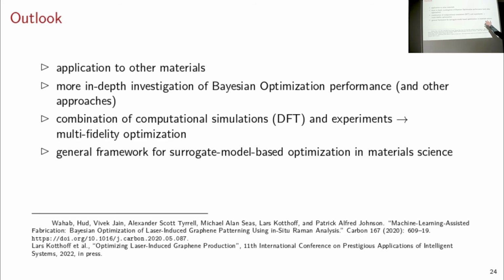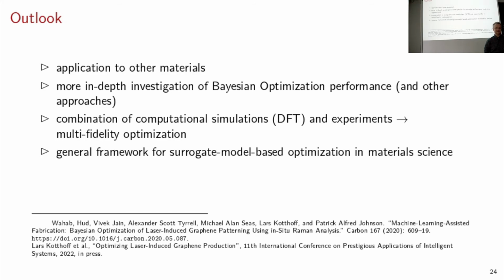And really, in the end, one of the things I want to do is develop this into a general framework for this kind of optimization in material science. Because Bayesian optimization is used all over the place. In many cases, unfortunately, people have their custom implementation of Bayesian optimization.